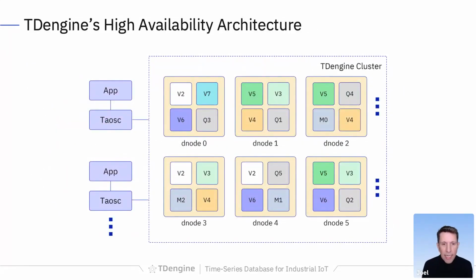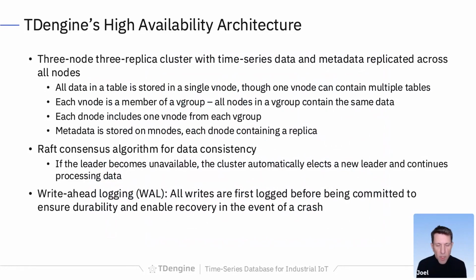This is TDengine's high availability architecture, and we are able to store so much data by putting it across different D nodes and storing which volumes they're stored on. TDengine's high availability architecture is achieved by creating a 3-node, 3-replica cluster.